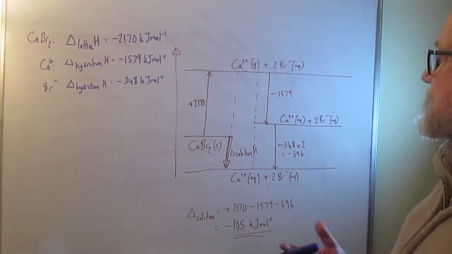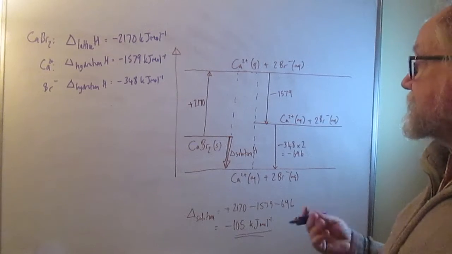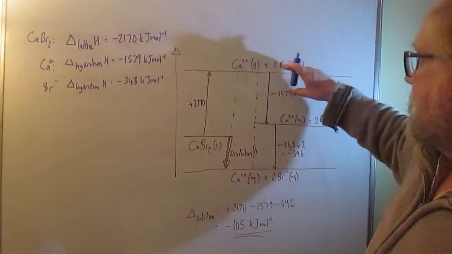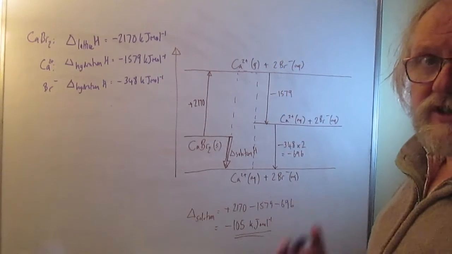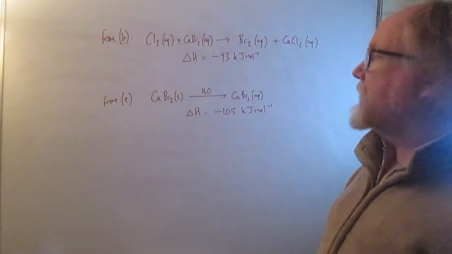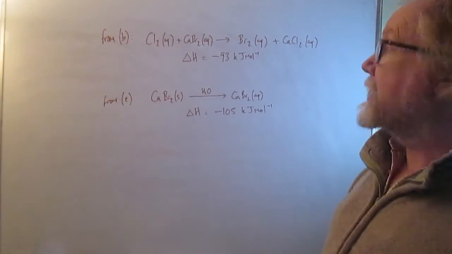Okay, so solution cycles are actually much simpler than the formation cycles just because there are fewer steps involved. And you can see the logic is very simple. You just break up the existing lattice and then form the new hydration interactions with the water, and that's all that's involved.